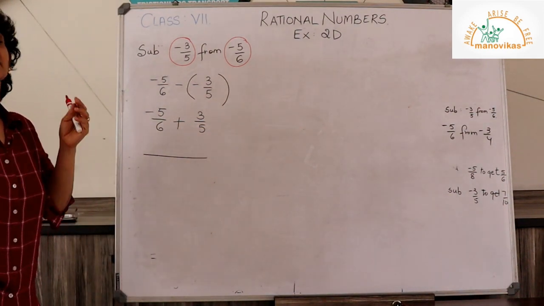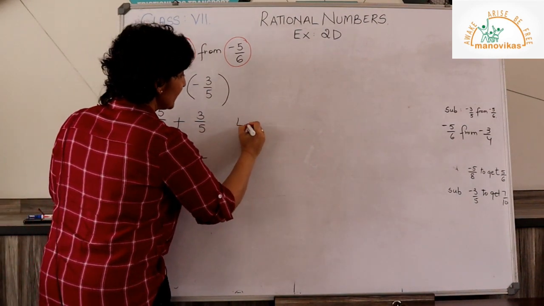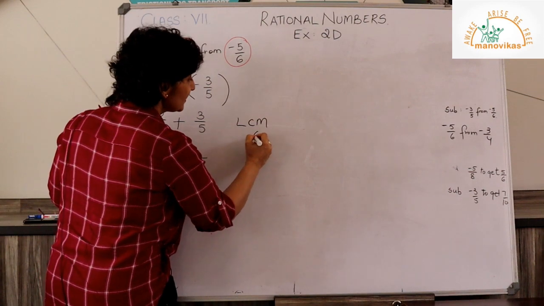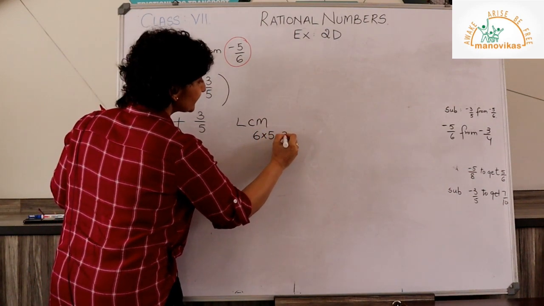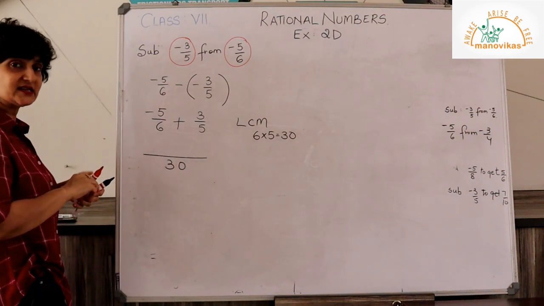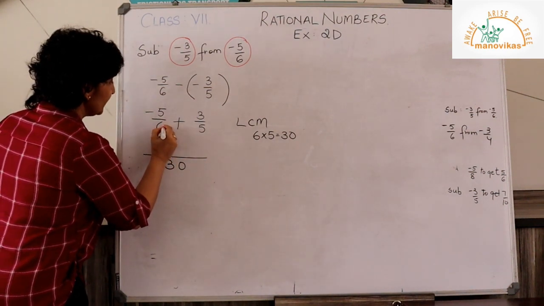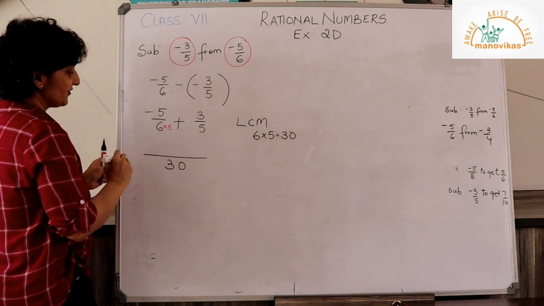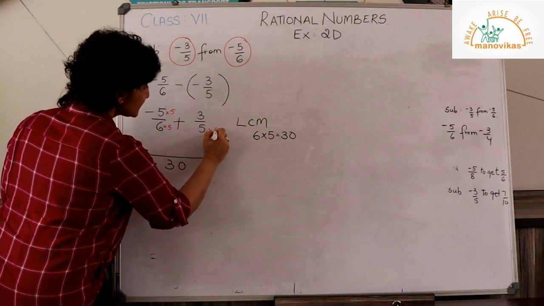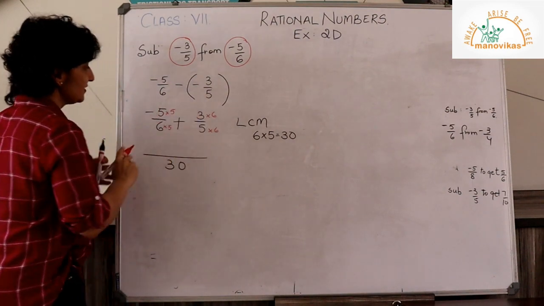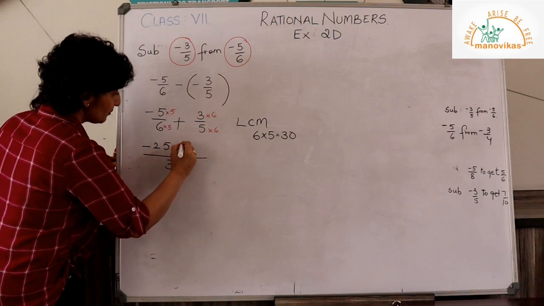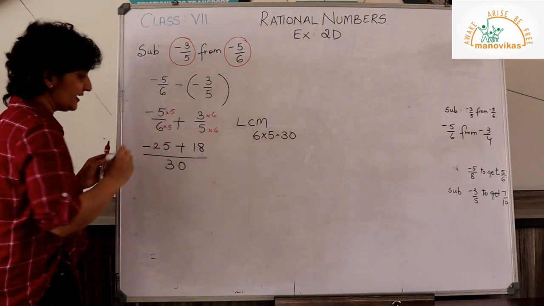Different denominators, take the LCM. The LCM here, I can directly do, there is nothing common, 6 5s are 30. Now, 6 goes how many times in 30? 6 goes 5 times. So 5 here. 5 goes 6 times. So 6 here. So minus 25 plus 18.